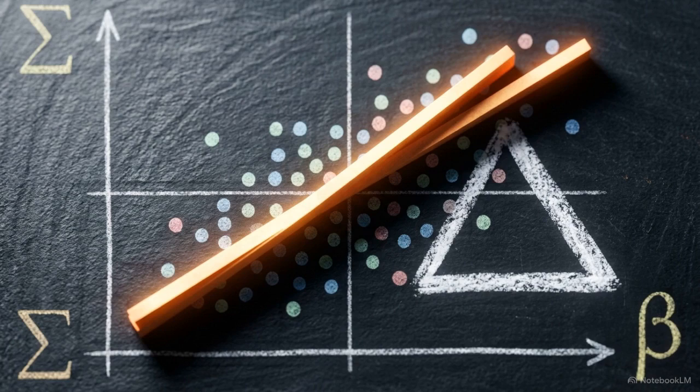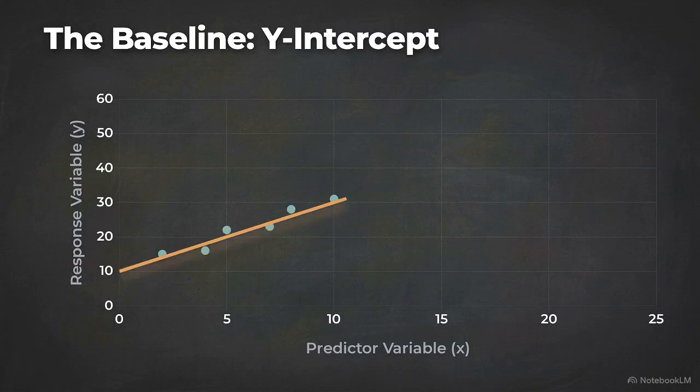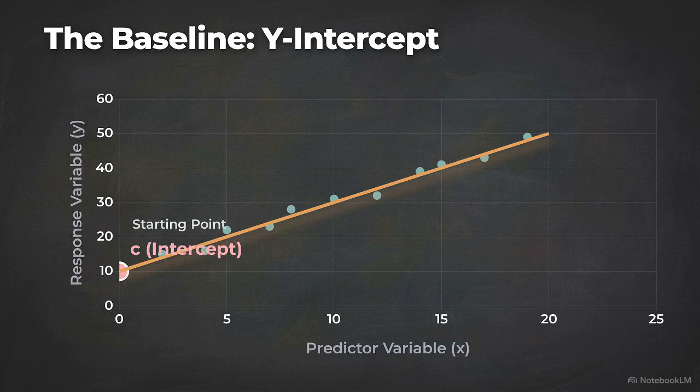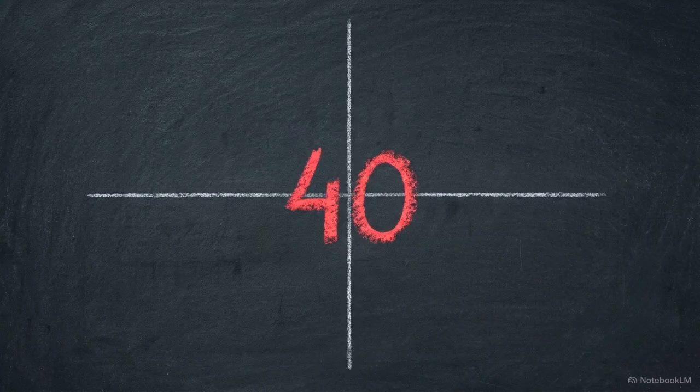Next is the intercept, designated as c, which defines the model's starting point. The mathematical definition is straightforward. It is the predicted value of the response when the predictor is exactly 0. In our exam model, if c equals 40, the model predicts a baseline score of 40 for a student who studied for 0 hours.